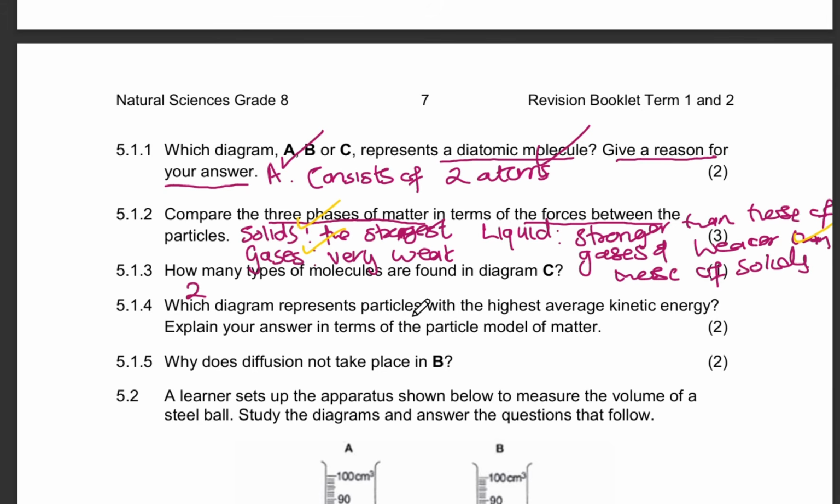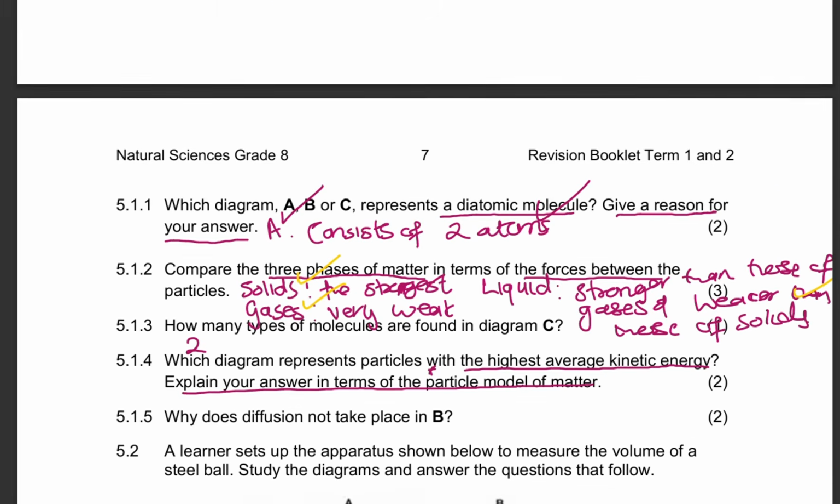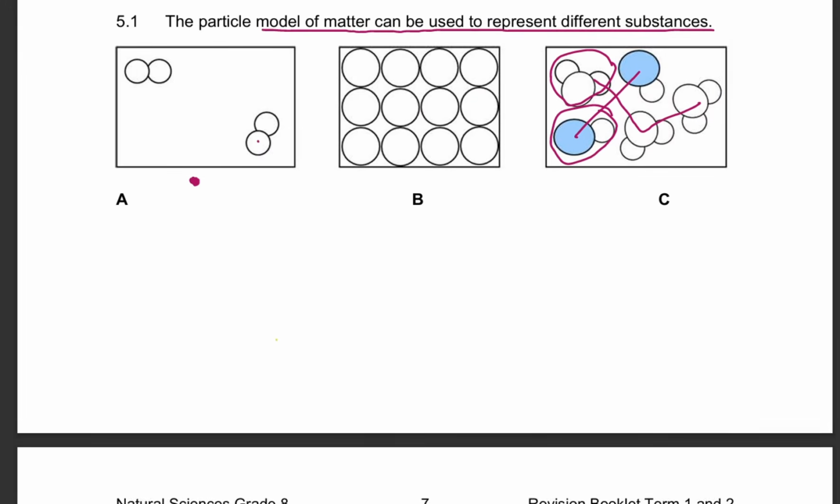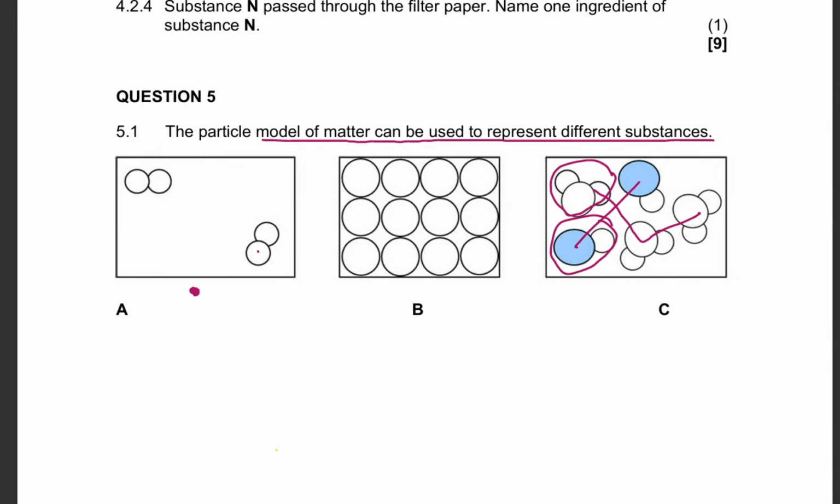Which diagram represents particles with the highest average kinetic energy? That's the first part. You also need to explain your answer in terms of the particle model of matter. So let's look at the diagram first that consists of the highest average kinetic energy. That's obviously diagram A. And the reason for that is that the spaces between particles of gases is the largest there.